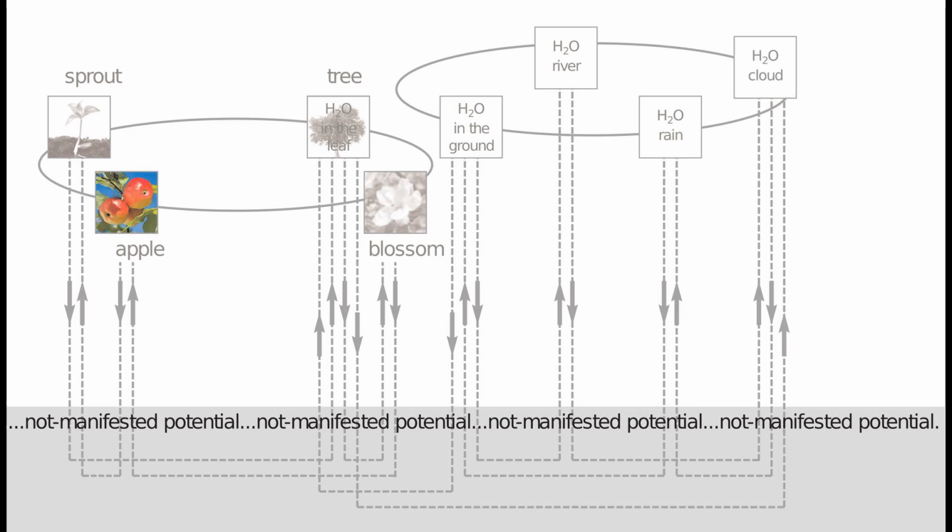The graphic shows on the left the four processes, blossom, apple, sprout, tree, which are inextricably linked to each other via the not manifested potential. All processes are united as if in a single circle and form a mandala, according to the Buddhist tradition.